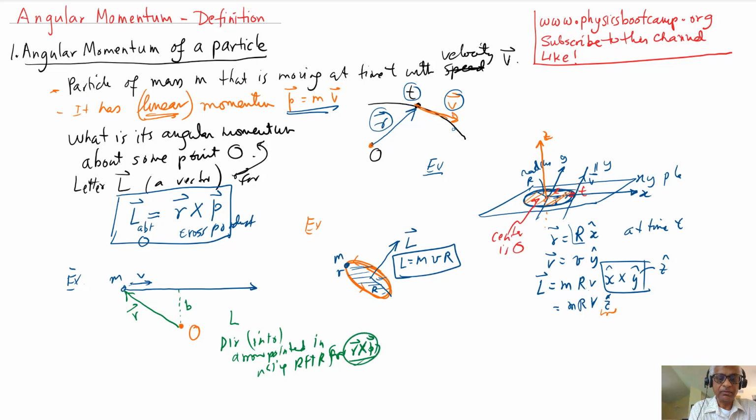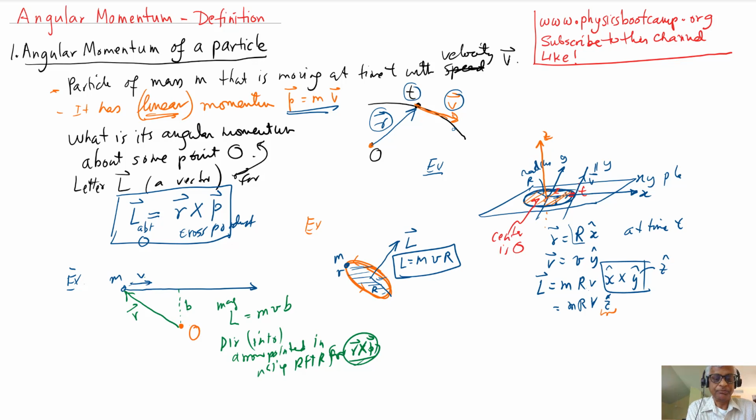So the L magnitude will be just B times V times M, M V B. How did that happen from this definition? Well, let's work that out.